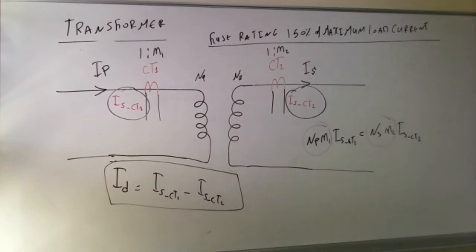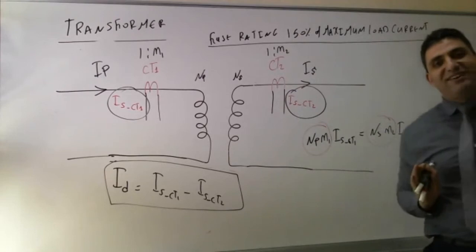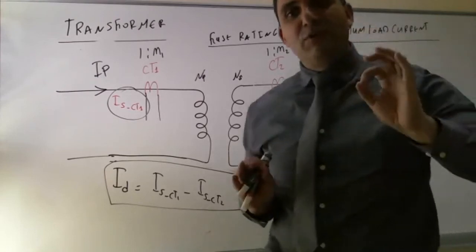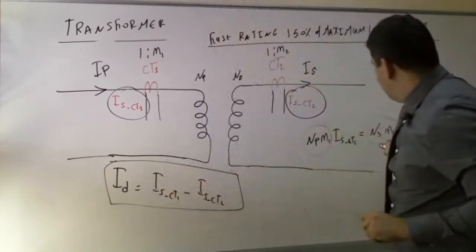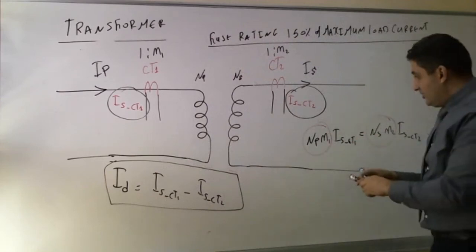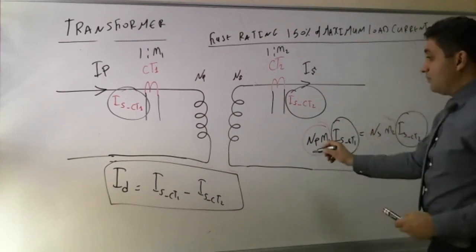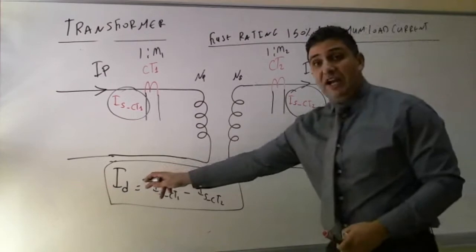And as I showed you before, with primary N1 and secondary N2, this matches perfectly, will work. If you want this one to equal this one, pay attention, you must make sure to have ID at 0.